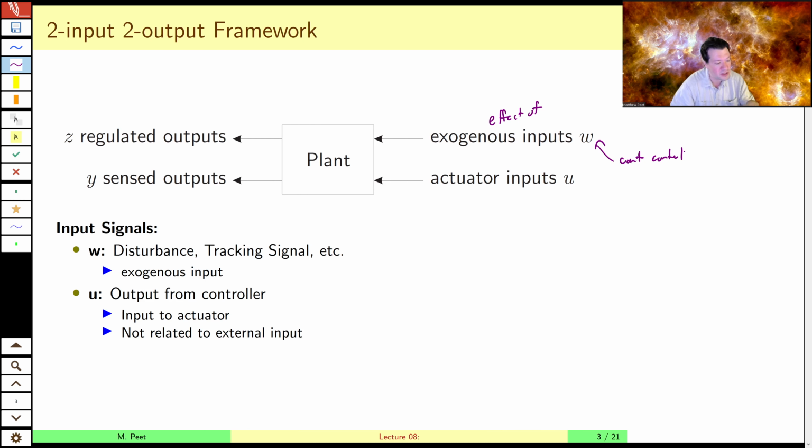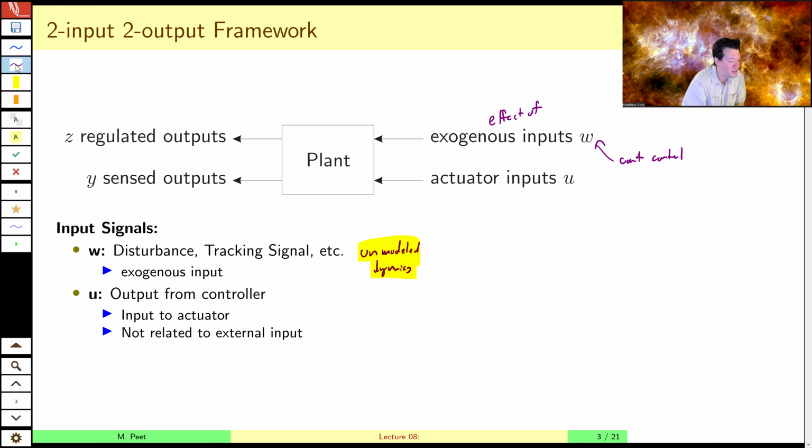Examples of exogenous inputs are process noise, so unmodeled dynamics in the plant. These may just be our best guess on how they affect the plant, but we have to have some model for the unmodeled dynamics.